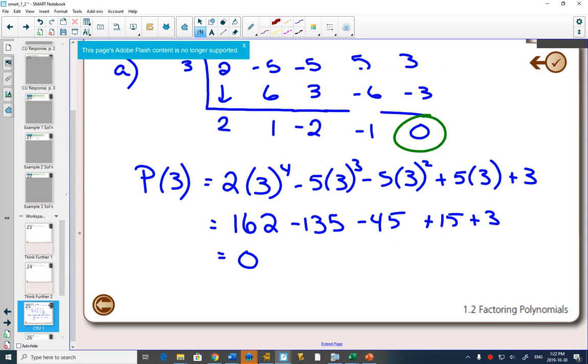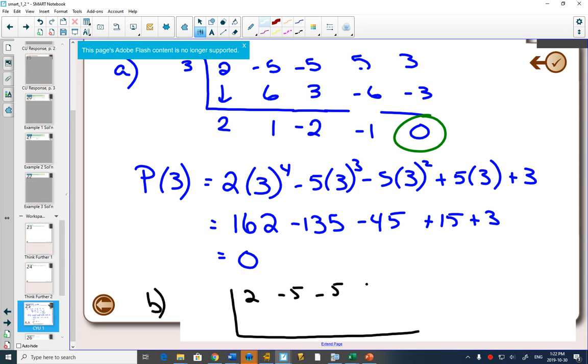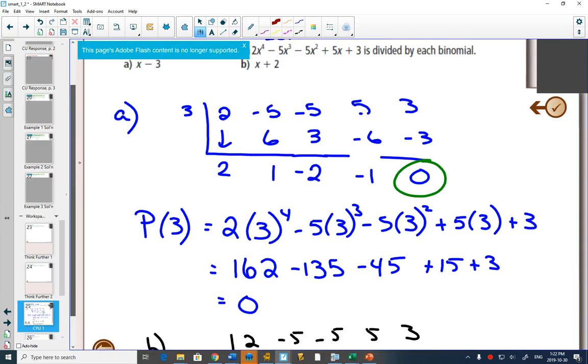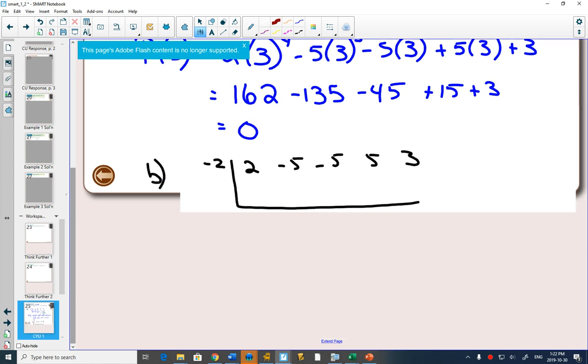Same thing in B. We could use synthetic division. So if I was doing my synthetic division, 2, negative 5, negative 5, 5, 3. Now I'm dividing by x plus 2, so I'd have a negative 2 out in front.